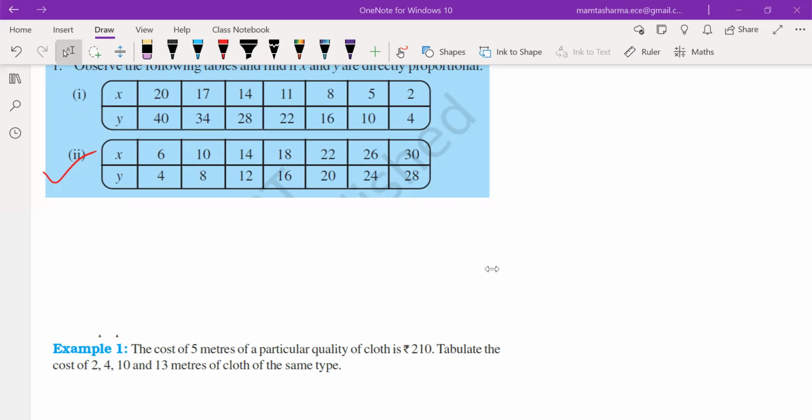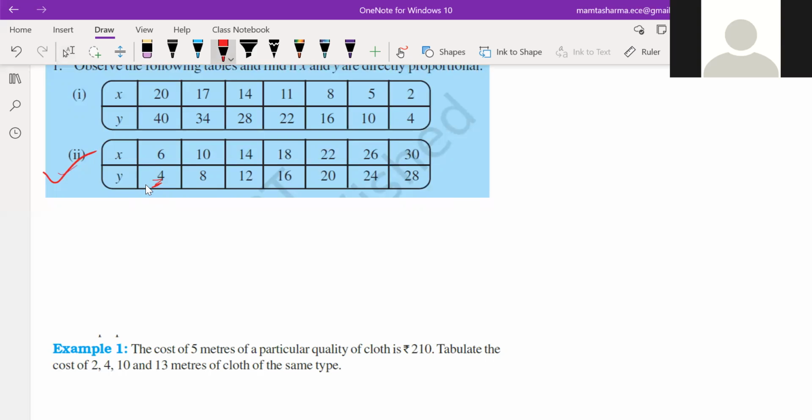Okay. So tell me, please continue. How is this second one a direct proportion or not? Ma'am, they are not in direct proportion. They are inverse proportion. How can you say? Ma'am, because X1 by Y1 is not equal to X2 by Y2 and X3 by Y3. All of them are not equal.